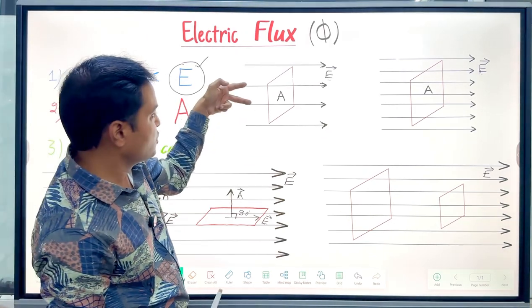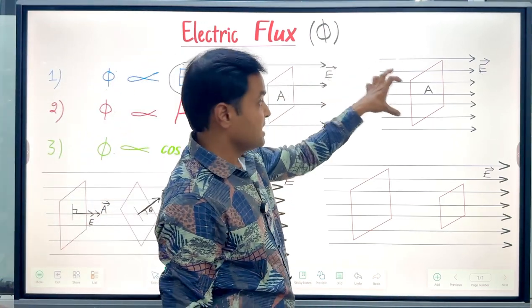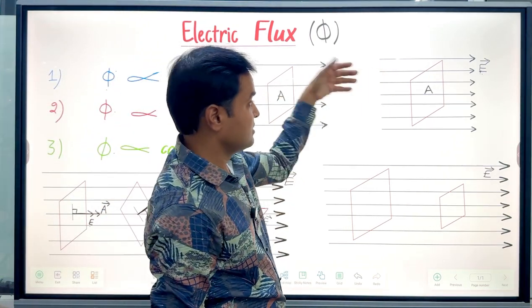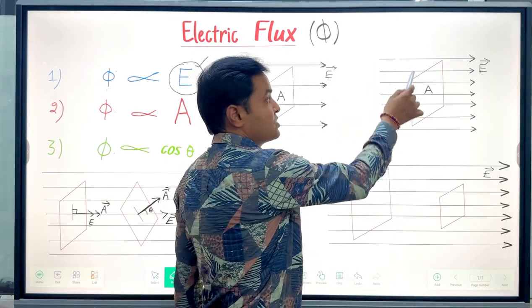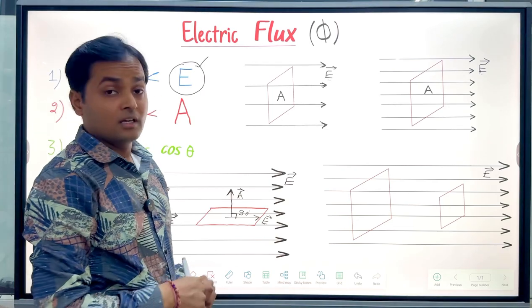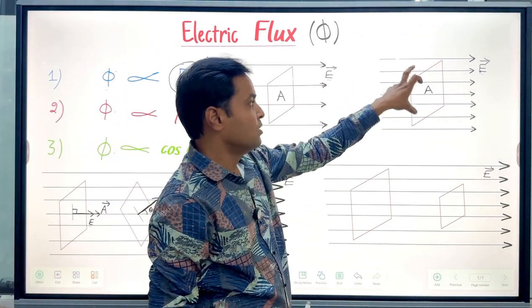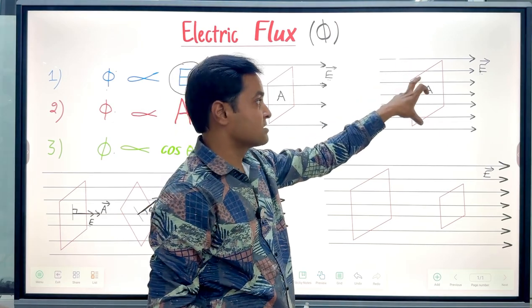Here only two field lines cross the given surface. In the same surface area here, 1, 2, 3, 4, 5 field lines cross the given area. That means the more the number of electric field lines, the more the electric flux.